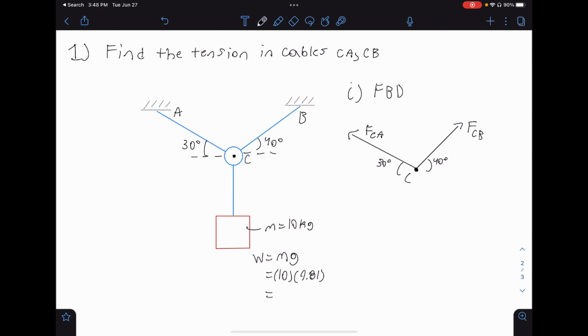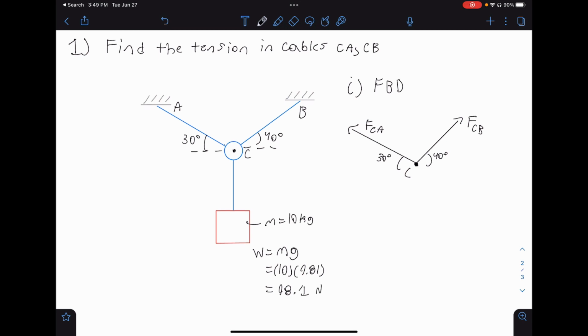So this is going to equal 98.1 kilograms. Sorry, that would be newtons. We're dealing with a force here. Newtons. And we remember that the weight force always acts downwards from the object in question. And that object in question is this box here. So we have 98.1 newtons downwards.